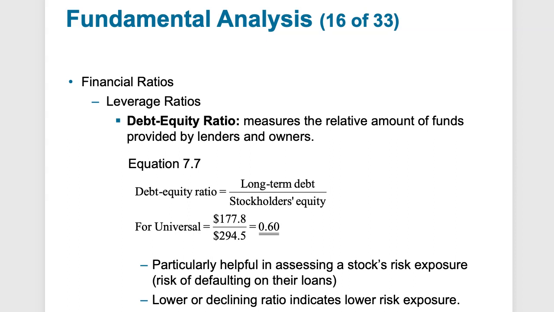But it's helpful in assessing the stock's risks. How much exposure do they have to debt? Of course, the lower this ratio, the better the risk. This is one of the ratios where the smaller the ratio, the better, because it shows a smaller dependence on debt.